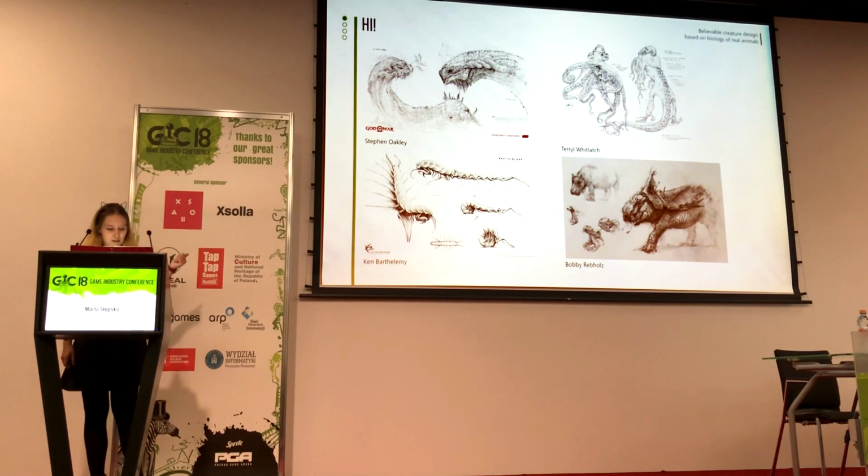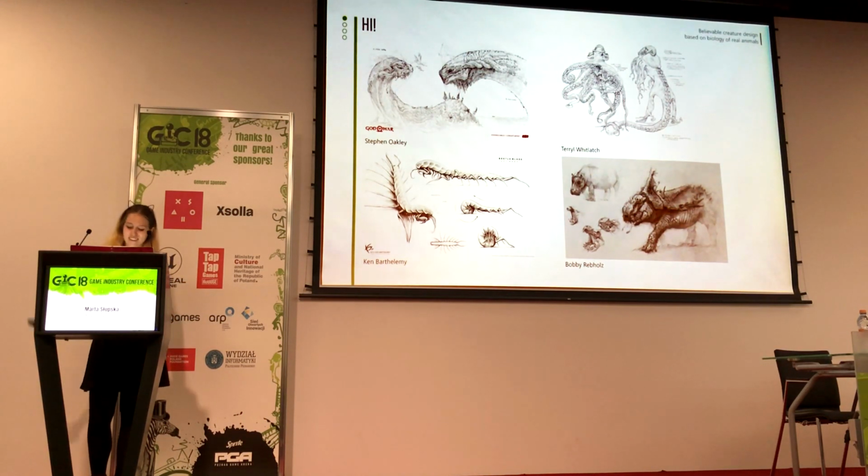The first one is Stephen Oakley, and he draws, for example, for God of War and for Evolve, and he is totally my favorite. The second one is Terryl Whitlatch, whose books you've seen before, and they are just amazing. She draws only with pencil or with paint, and she works for Star Wars movies and for Disney.